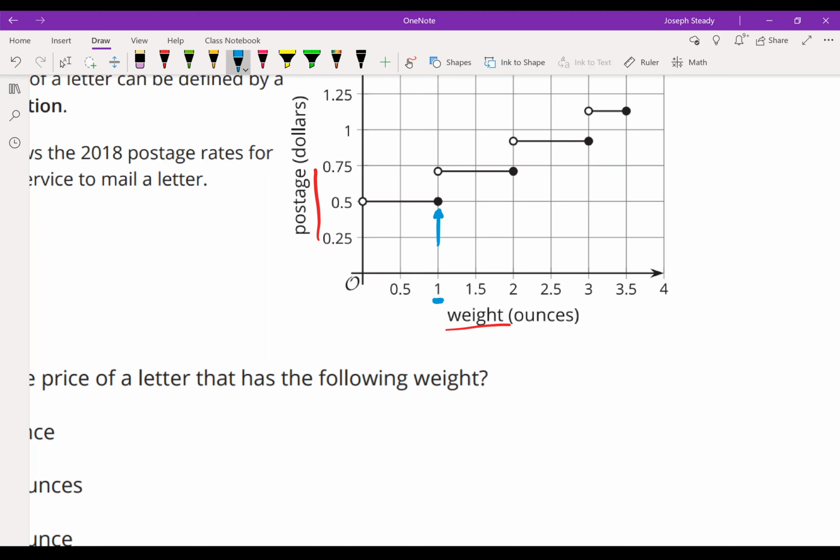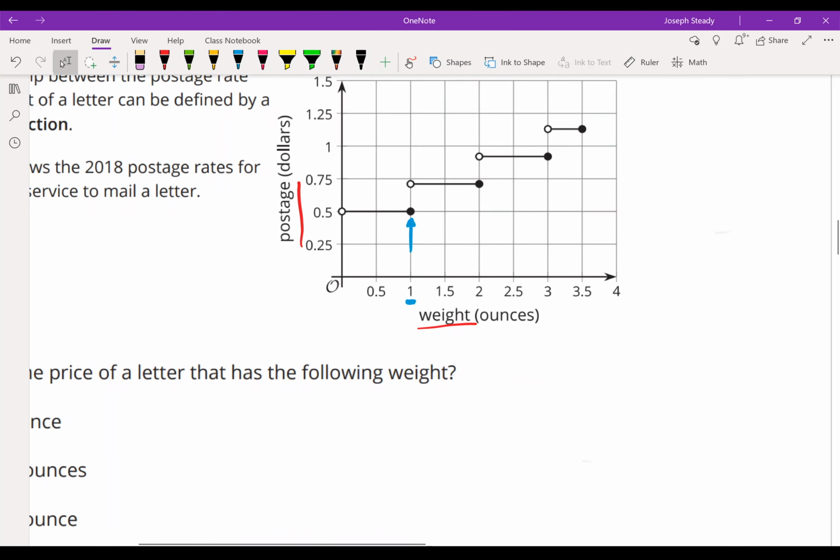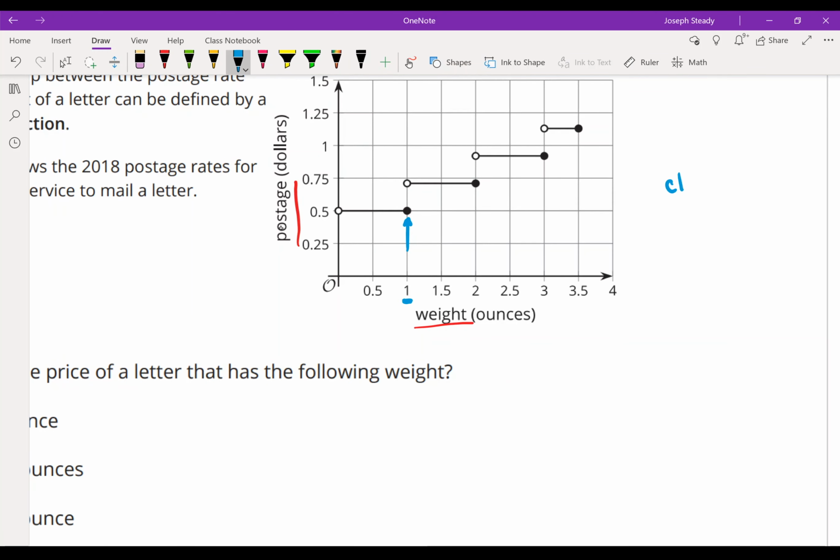Now remember from doing inequalities before, we use a closed circle, the filled in one, if we want to include that point. And we use an open circle if we don't want to include that point. So I'm going to make that note here. Closed means we include it. Open, we don't.